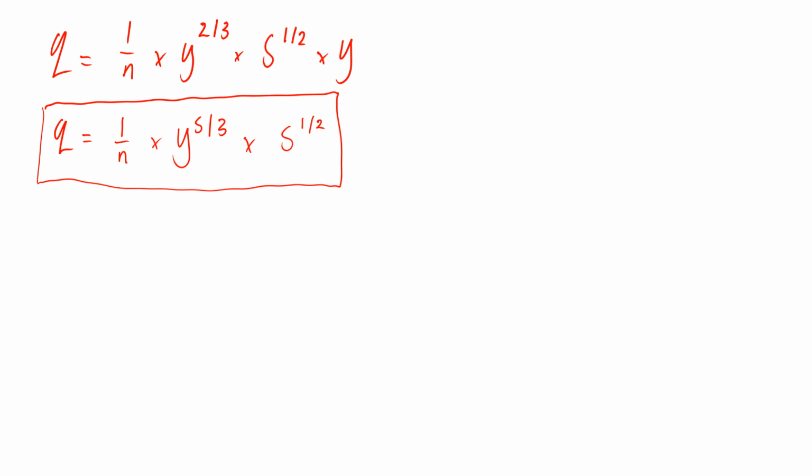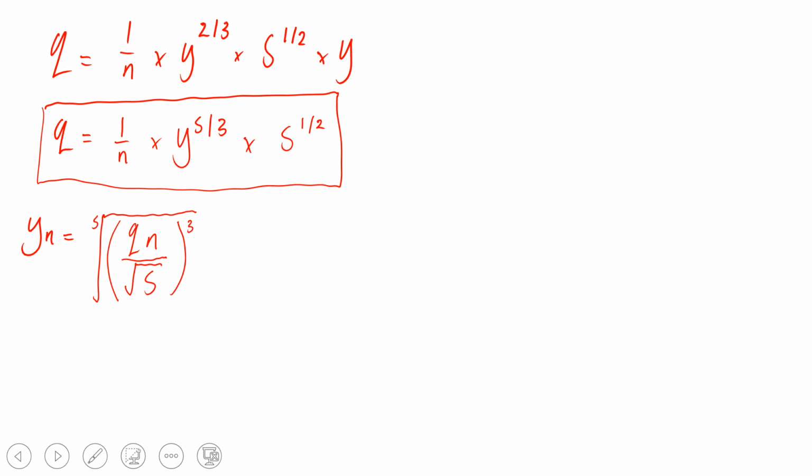You get yn equals q n divided by square root of the slope, all to the power of 3 over 5. So now you can calculate yn1 and yn2.